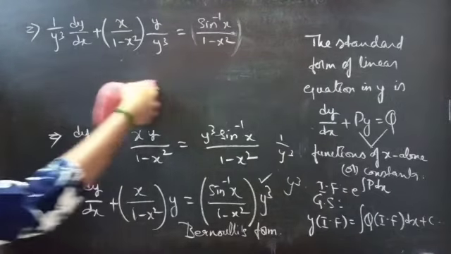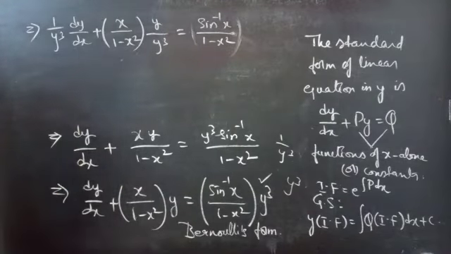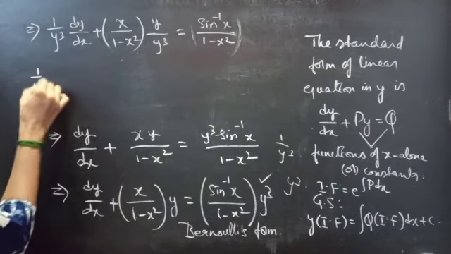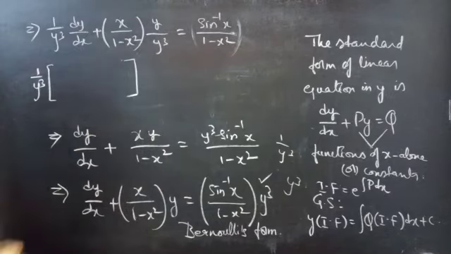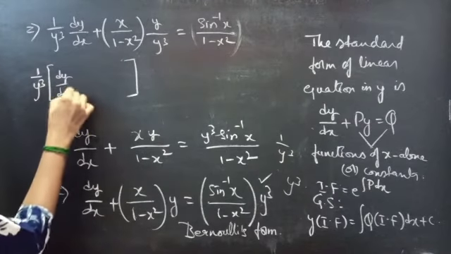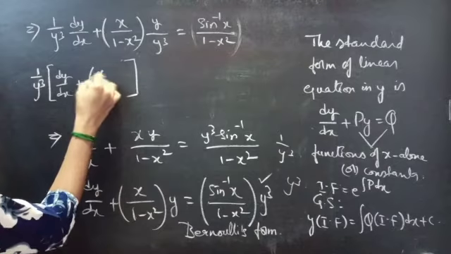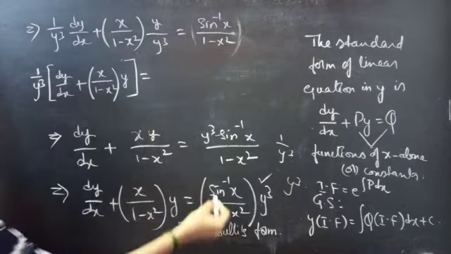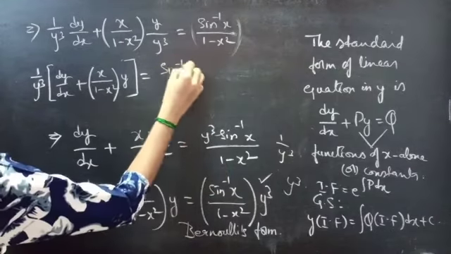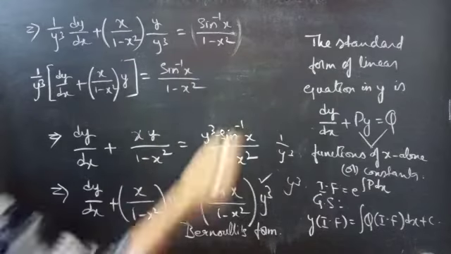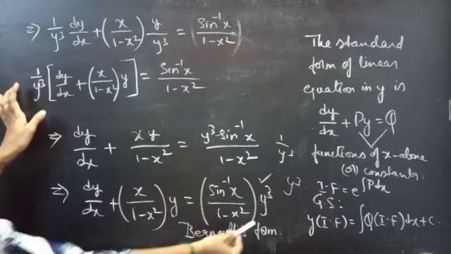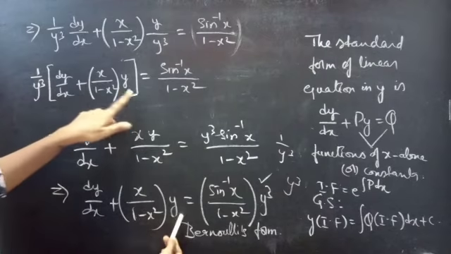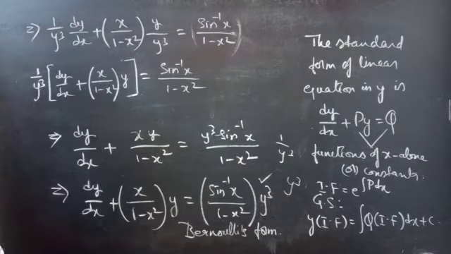So let's see what happens in detail. If we bring this y cube, it becomes 1 by y cube times the LHS part, that is dy/dx plus the function of x, x by 1 minus x square, into y, equals a function of x in the RHS part, right? 1 by y cube into dy/dx plus a function of x into y equals sine inverse x by 1 minus x square.